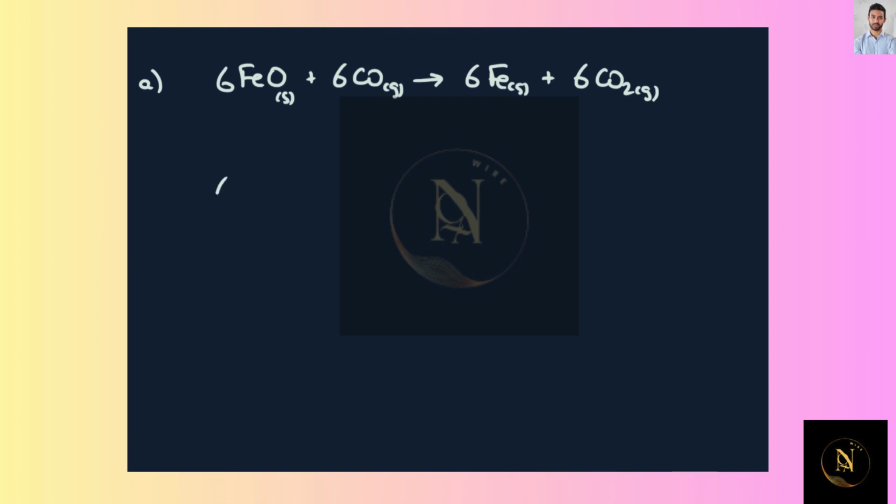So we'll have 6FeO plus 2CO2 to produce 2Fe3O4 and 2CO.